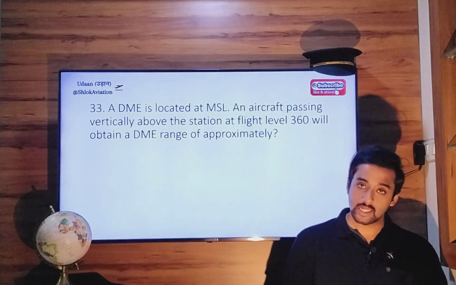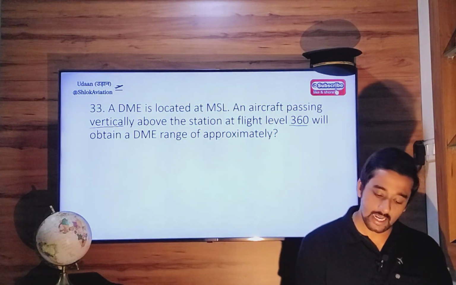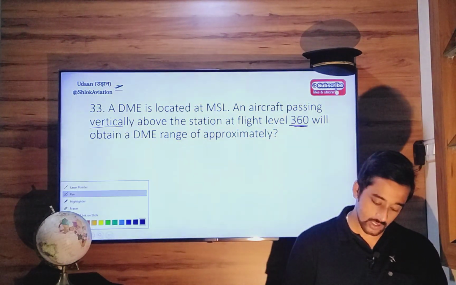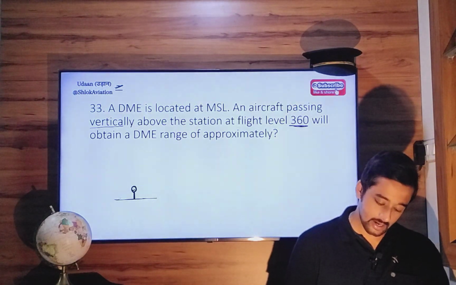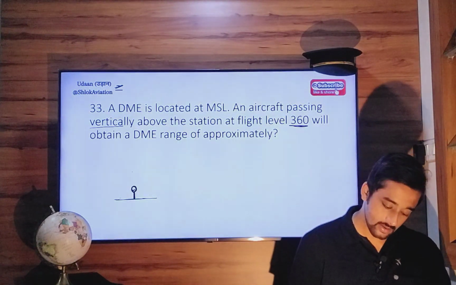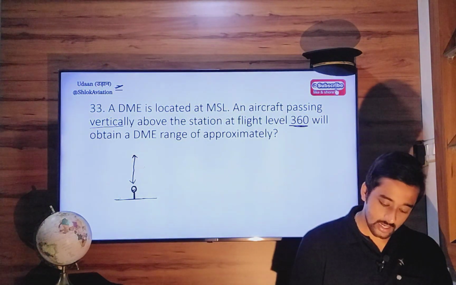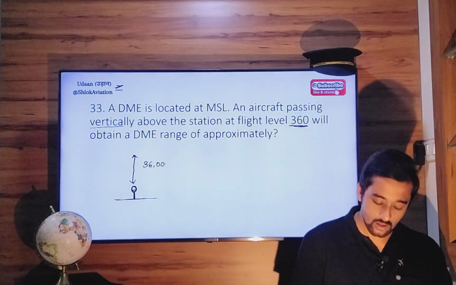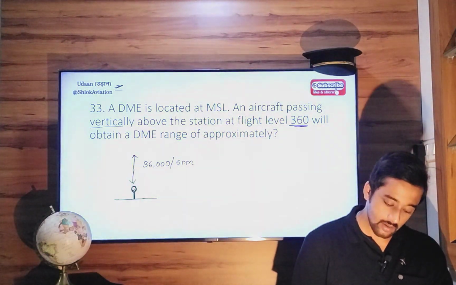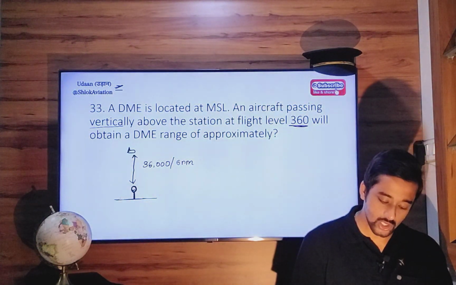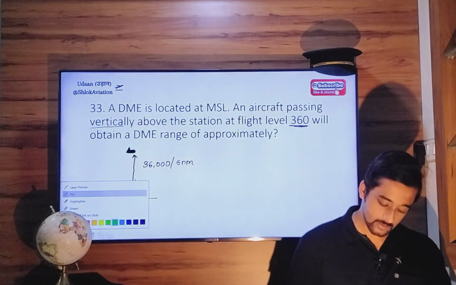A DME is at mean sea level. Aircraft is vertically above the station at flight level 360. So just now I took this example. When DME is at ground level and aircraft is vertically above it at 36,000 feet or 6 nautical miles, the DME will show a slant range of how much?